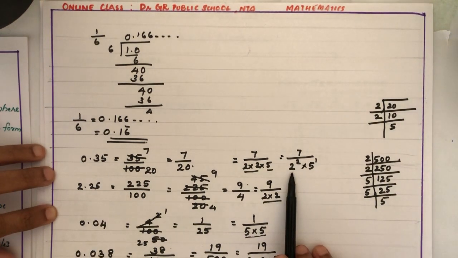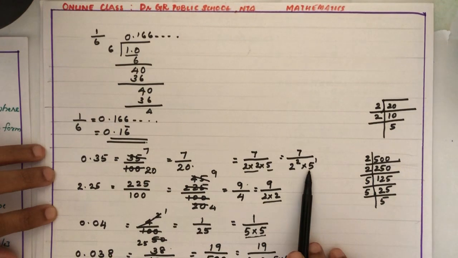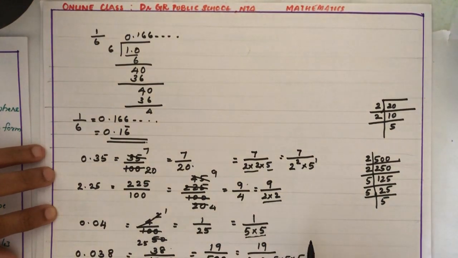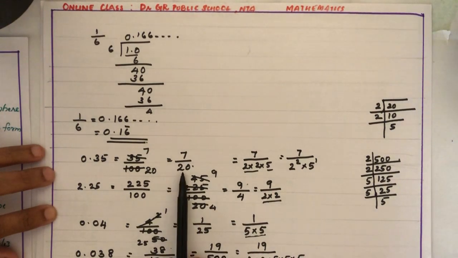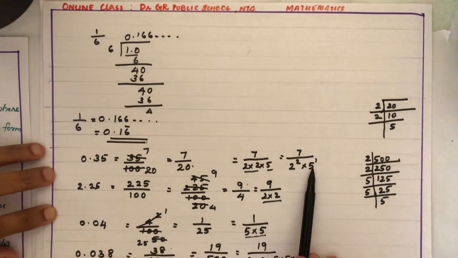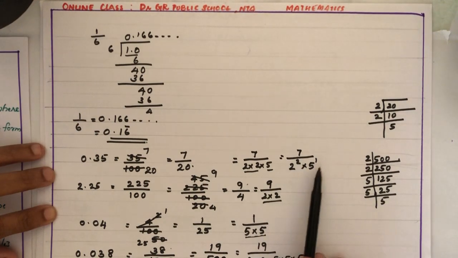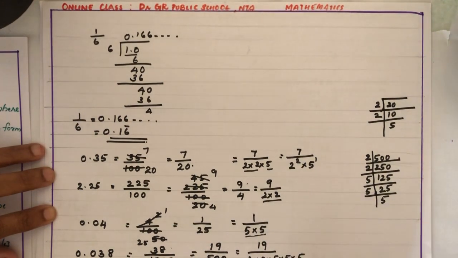Now it is of the form 2 raised to n into 5 raised to m. So that is the theorem. If the decimal form is terminating, the denominator of the rational form can be written in the form 2 raised to n into 5 raised to m.